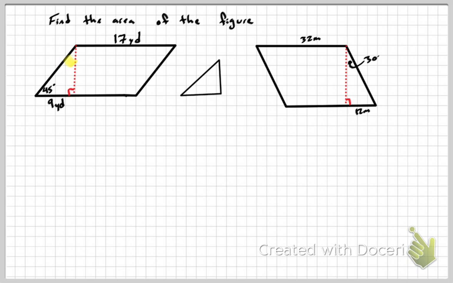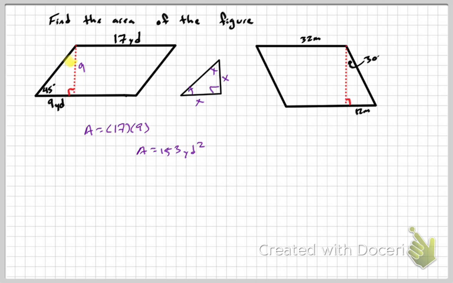And remember, with our 45, 45, 90, the legs are the same length. So that means that since this right here is 9, then this right here would also be 9. So my area is just 17 times 9. 17 times 9 is 153. So my area is 153 yards squared.